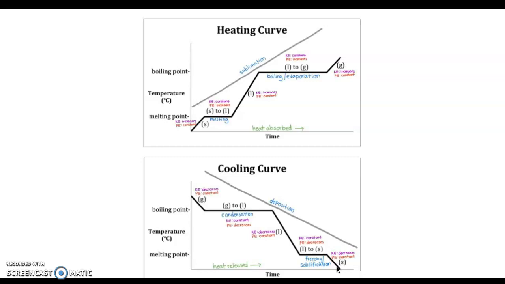These are also useful because you can actually get the boiling point and the melting point of the substance, see the amount of time it takes, and also you can do Q calculations and calculate how much energy was actually required to go through each of these steps.